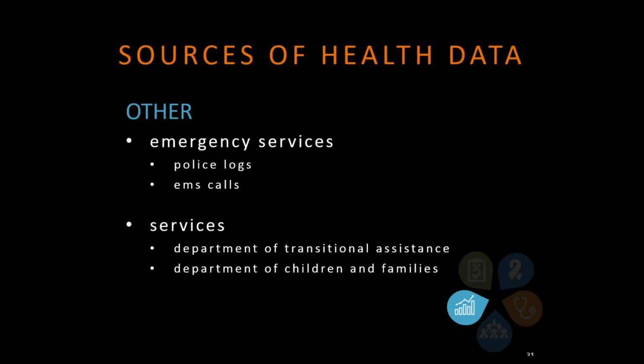Other sources of data include things like emergency services, so EMS or emergency medical service calls, so that's anytime you call 911. Police logs, the Sheriff's Department keeps data on the actual police records. Other services by other departments include things like the Department of Transitional Assistance and the Department of Children and Families, also the Department of Elementary and Secondary Education.